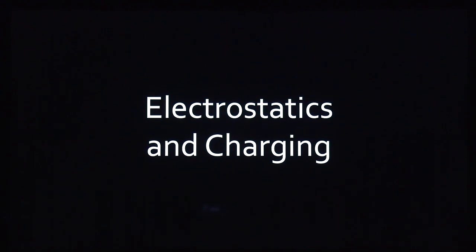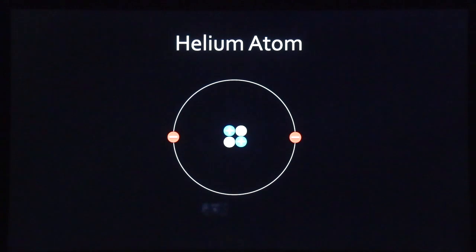So let us begin. For the first example, I have here a helium atom. And of course, helium you probably know is a gas, and most of the matter you're encountering on a daily basis is hardly ever helium. But I picked helium because it's simple.